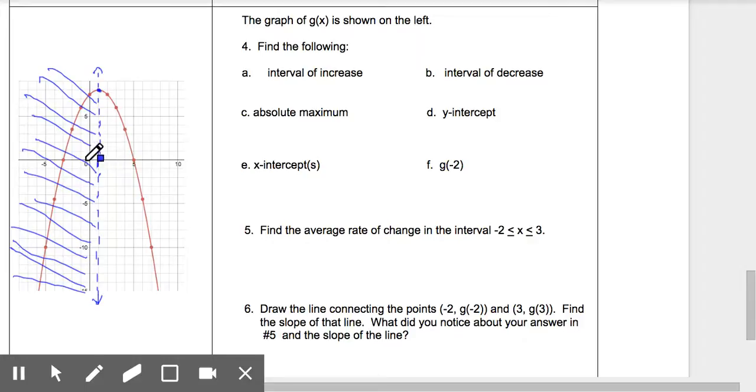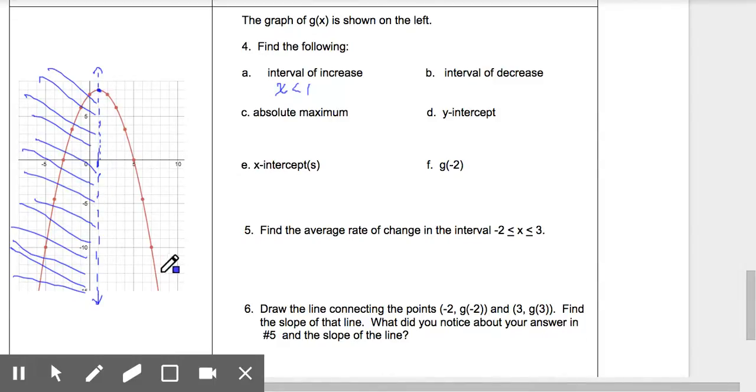So how do we describe this interval? This is the set of all x's where x is less than 1. So we write the interval of increase is x is less than 1, which means that when x is less than 1, g of x is increasing.